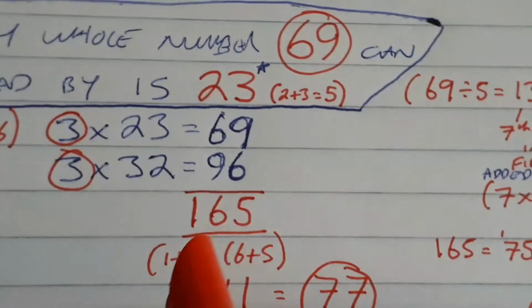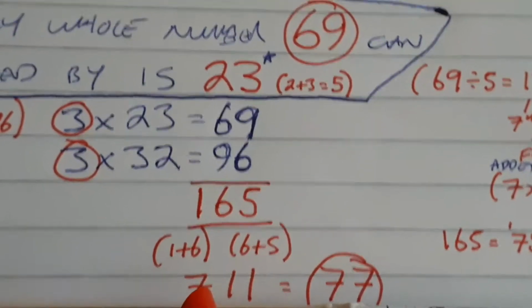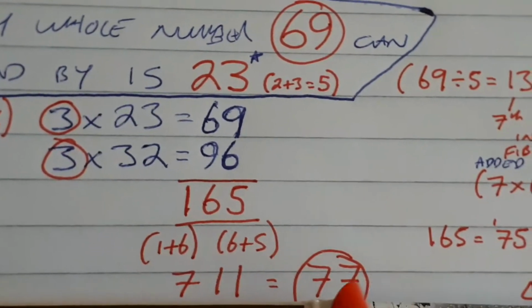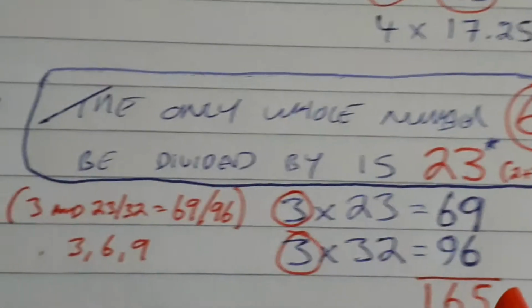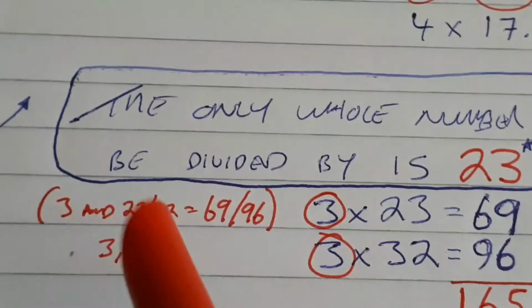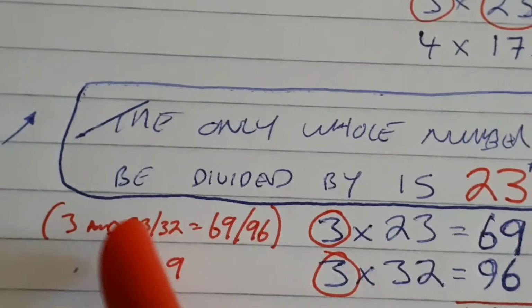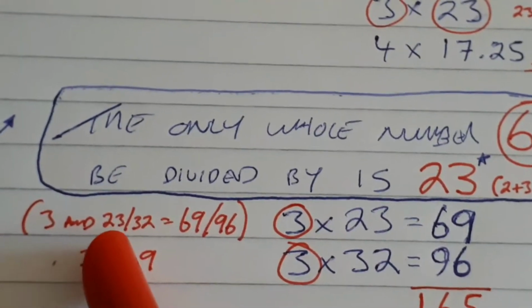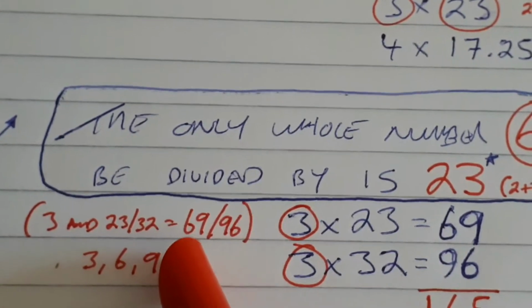Also 165 can be 1 plus 6, 6 plus 5 that side, 7, 11, 77. And also there, it's 3 and the 23, 32.